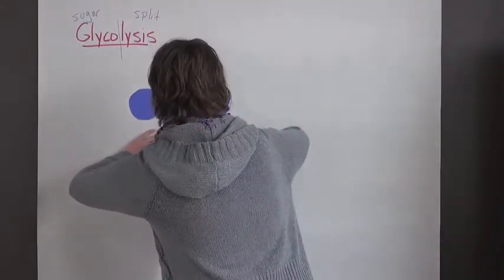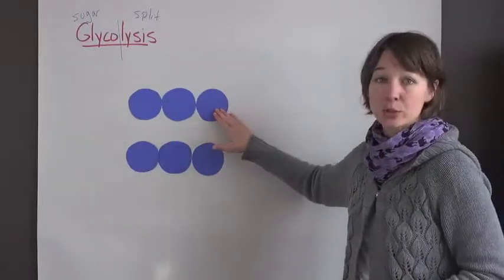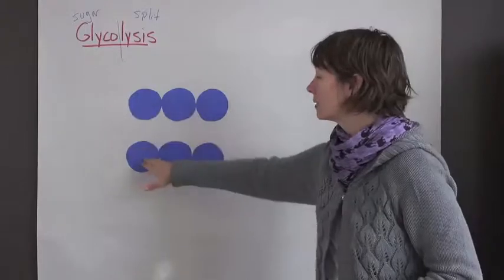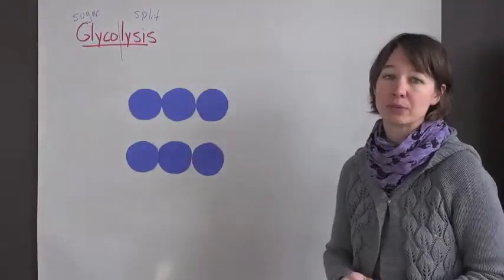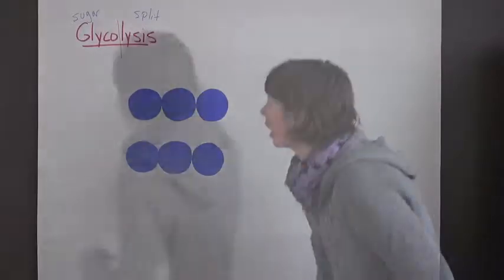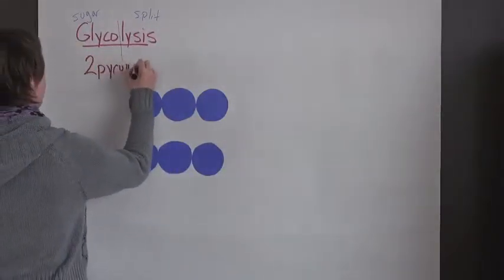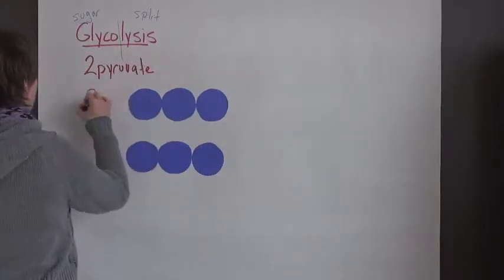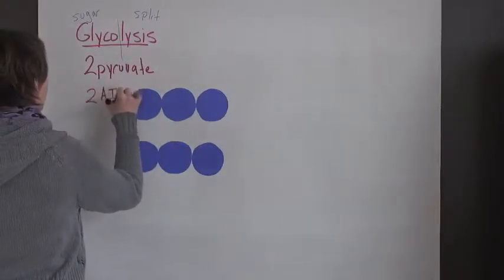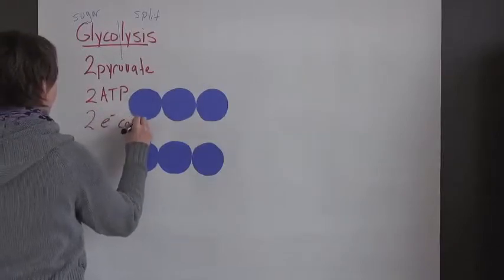Okay? So now we have 2 molecules which each have 3 carbons, and these are called pyruvate. So the results of glycolysis are 2 pyruvate, 2 ATP, and 2 electron carriers.